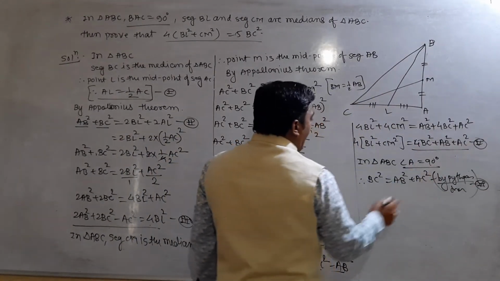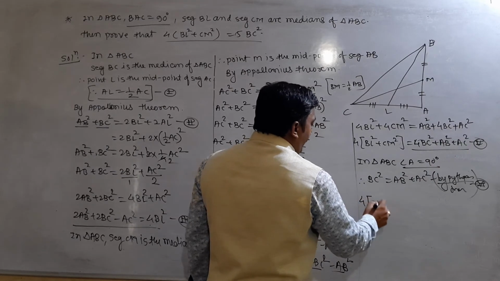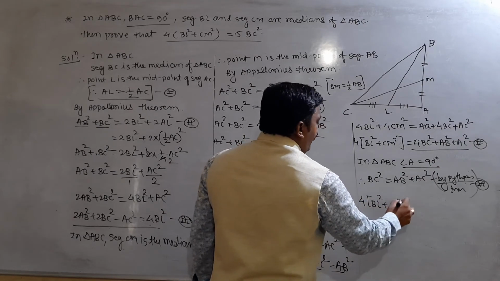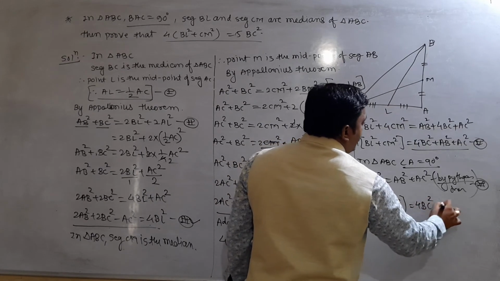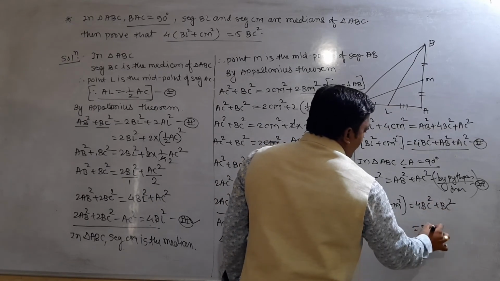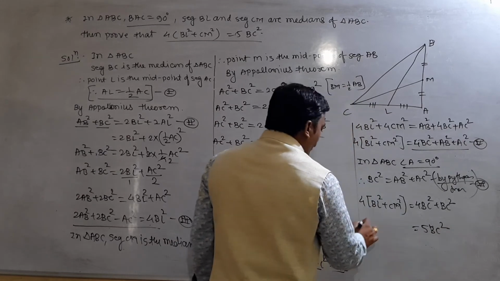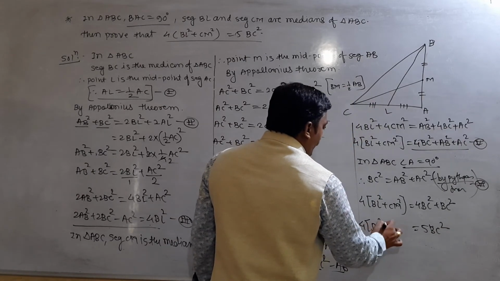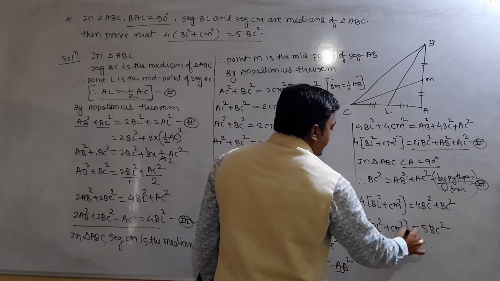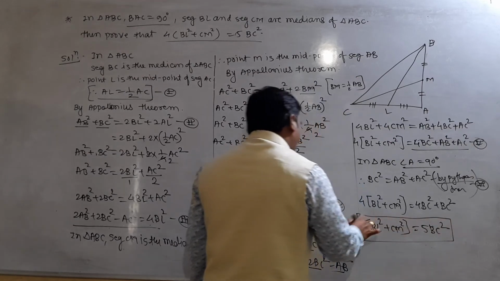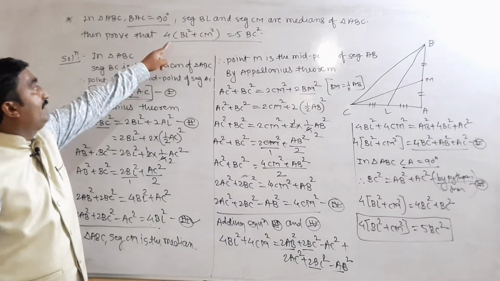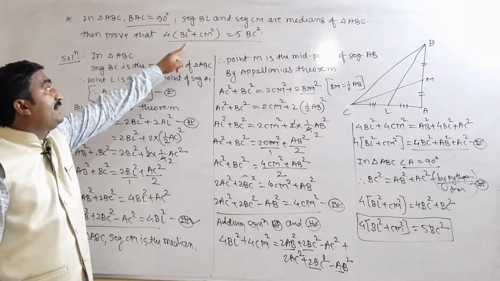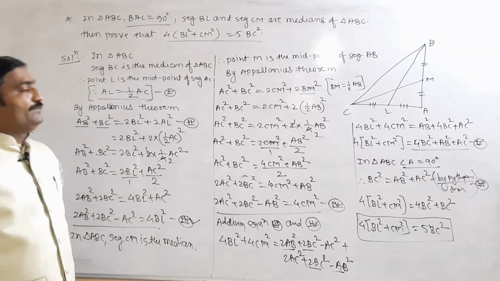And from 5th and 6th, 4 in bracket BL square plus CM square is equal to 4BC square plus BC square, which is 5BC square. In this way, we can prove the given statement: 4 in bracket BL square plus CM square is equal to 5BC square.